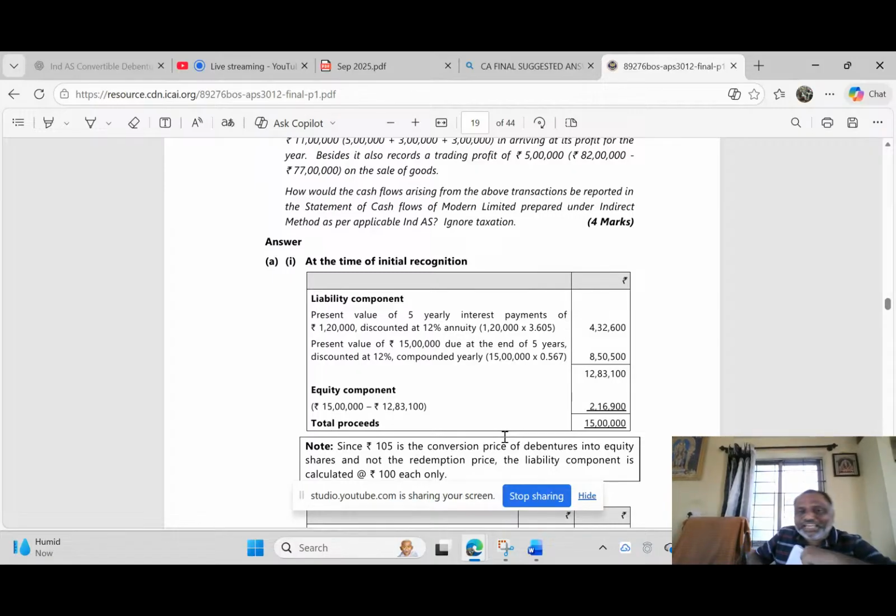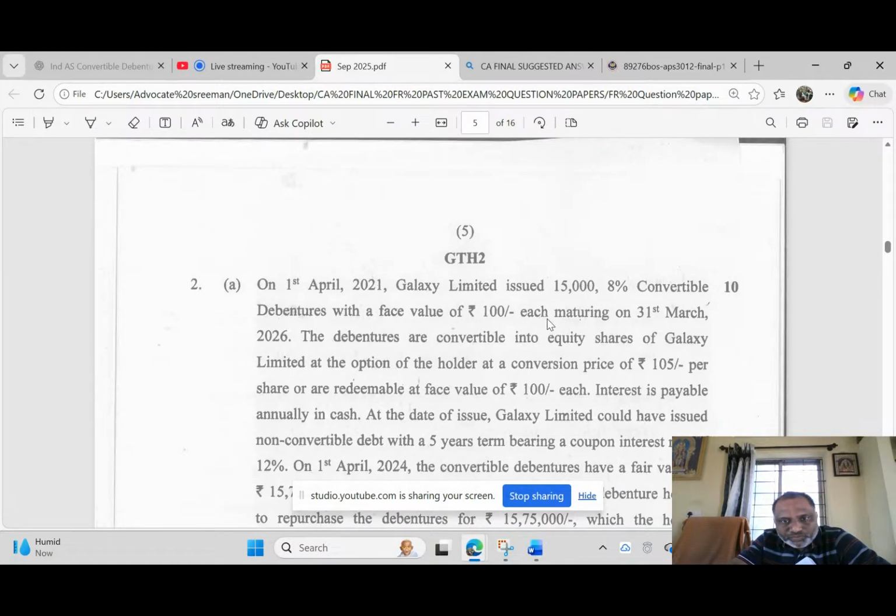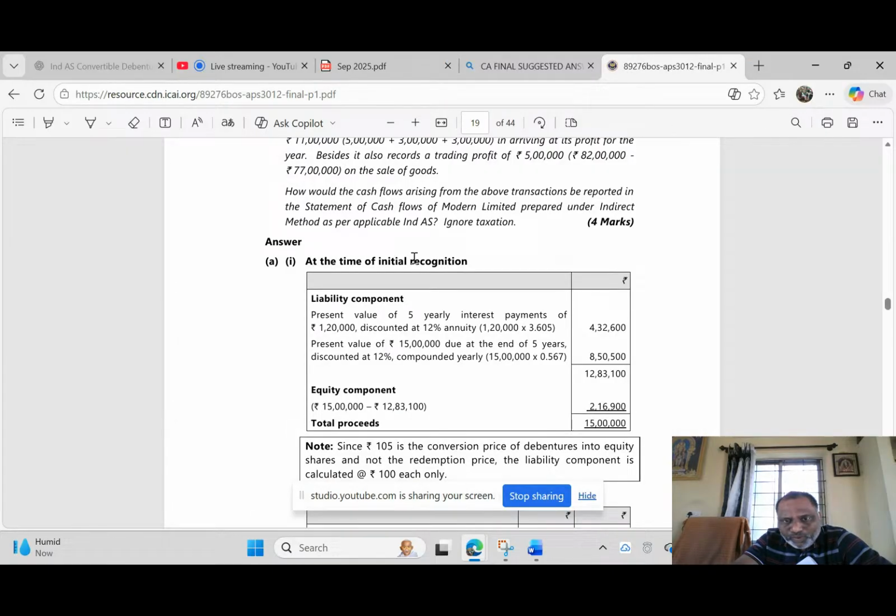See, at the time of initial recognition, we have 15,000, 8% convertible debentures with the face value 100 rupees, for 5 years.